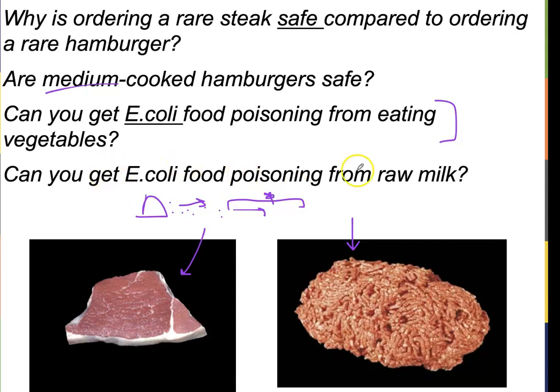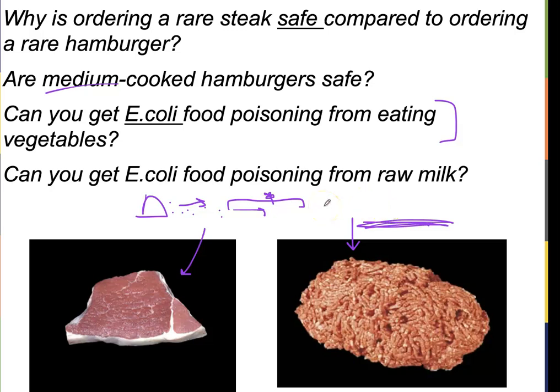Can you get E. coli food poisoning from raw milk? Of course you can. So E. coli is in the intestines again. However, cows are messy. They don't have a bidet to wash away anything when they go to the bathroom. So when they go to the bathroom, they're basically standing in their feces. The dirt kicks up, cows walk around, and the contaminated soil will eventually just cover their body.